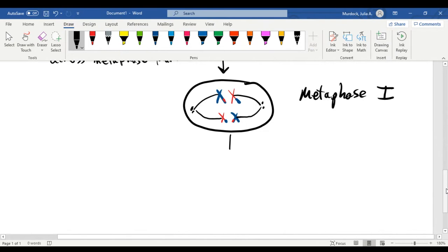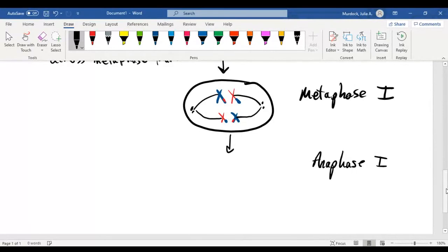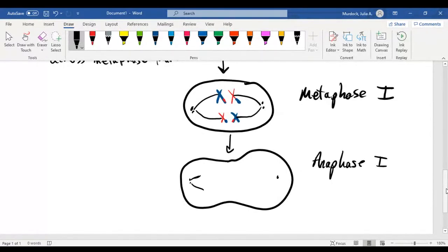All right, so Anaphase I. In Anaphase I, we get a little bit of elongation here, there, and the spindle fibers are pulling those chromosomes in two directions, right? And look at what they look like. You should notice something here.